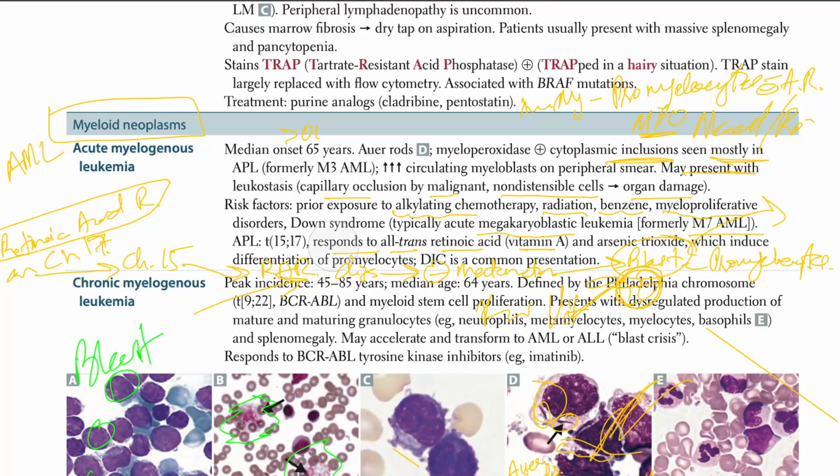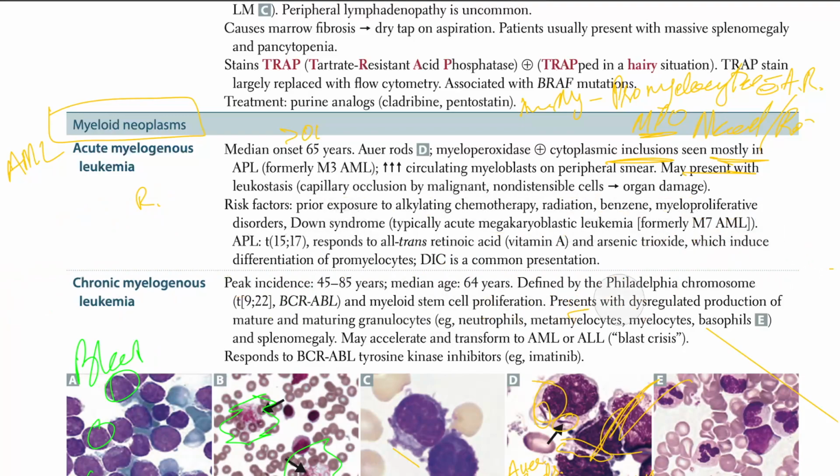So that's how all-trans retinoic acid, vitamin A, works. Arsenic trioxide can work, which induces differentiation of promyelocytes. DIC is a common presentation, and in DIC we did talk about AML as a factor, or etiology, of DIC in AML.